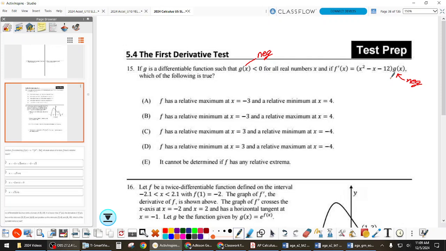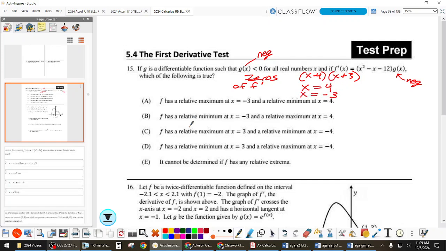So if we run through these, it'd probably be good to factor that. What do you get when you factor that? Yeah, like if we solve for the, let's say, zeros of F prime. X minus 1. Okay, let me write that first. So we get 4 and negative 3.